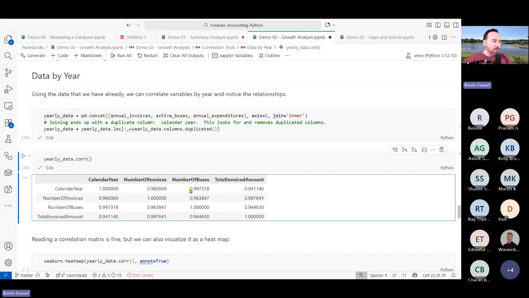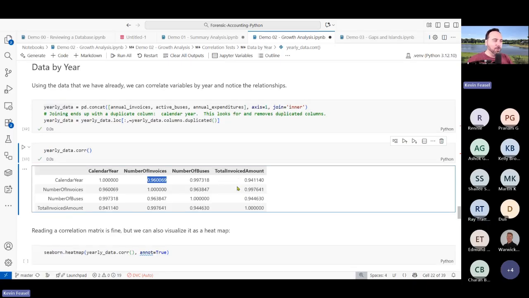We see that number of buses has almost a one-to-one relationship with calendar year. Another way of saying this is that we bring in roughly the same number of new buses every year, maybe 15 or 20 a year. This county is just extremely consistent. Every year they bring in 15 new buses. The number of invoices and the total invoiced amount are not quite as good a correlation.